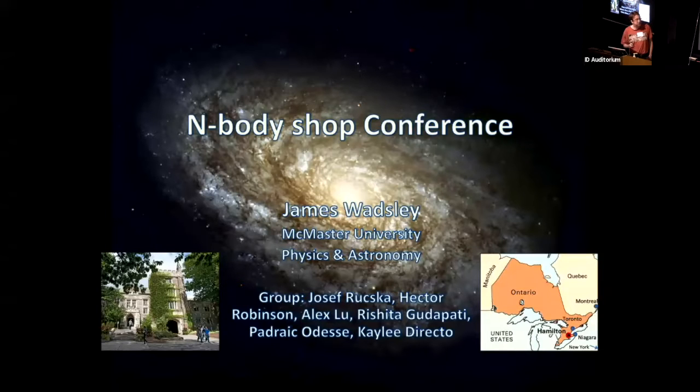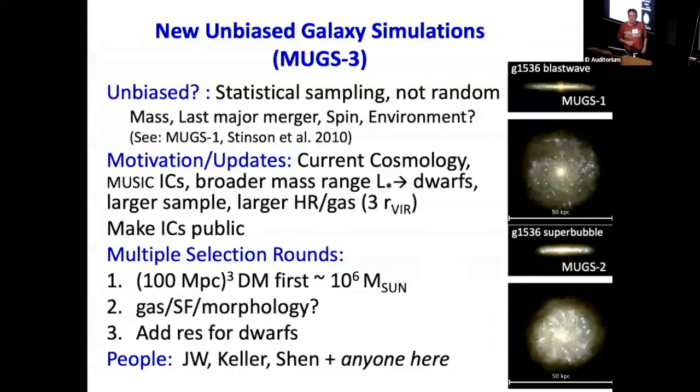Okay. So I'm here from McMaster, and many of my students are here too, and some of them will talk later. So what I wanted to talk about was to advertise the idea that we invest as a group in doing a new standard set of cosmology zooms. We previously used the MUGS set for this, and MUGS was developed primarily with a lot of work by Greg Stinson at around 2010.